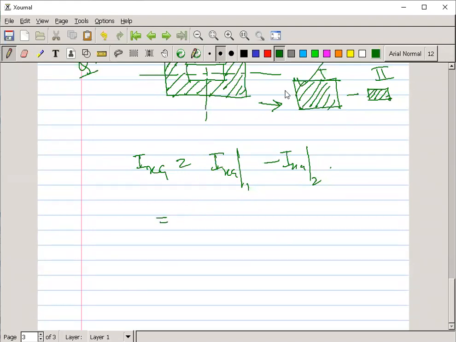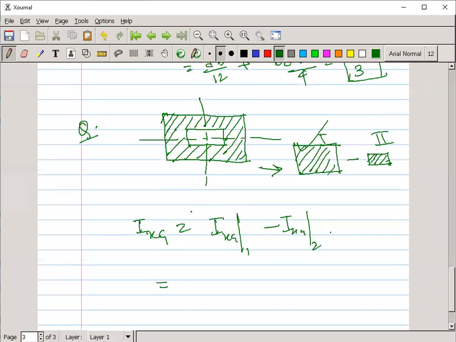See, first give the numbers here. Consider this one as b, this small one b1, consider this one d, and consider this small one d1.